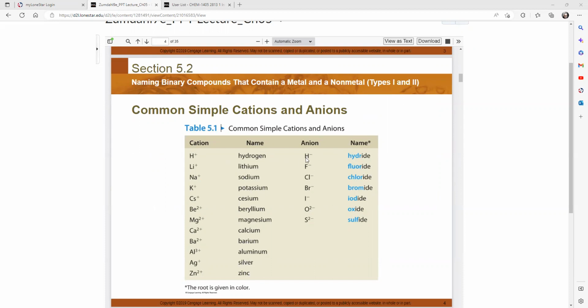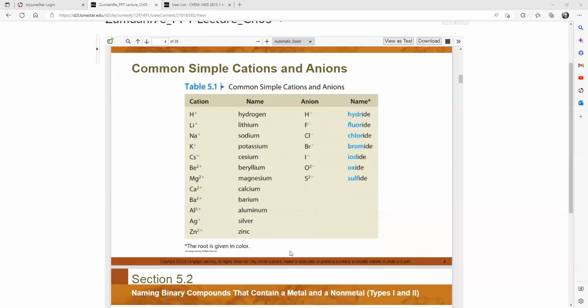In the case of hydrogen it is hydride. In the case of fluorine it is fluoride, and so on, as you can see here. Then the cations have the same name of the element, but the anions change the ending by ide.